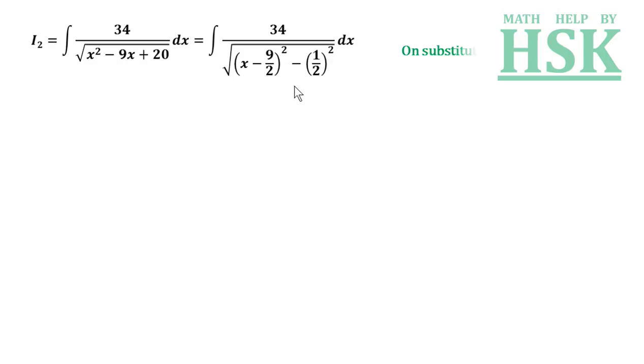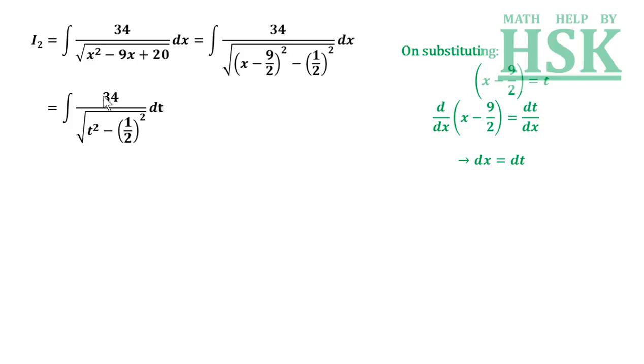I have to substitute x minus 9 by 2 as equal to t. Okay. So differentiating both sides with respect to x, I get dx is equal to dt. So here I'm going to place t. Here instead of dx I'm going to write dt. So I'm going to obtain 34 upon square root of t square minus 1 by 2 whole square.